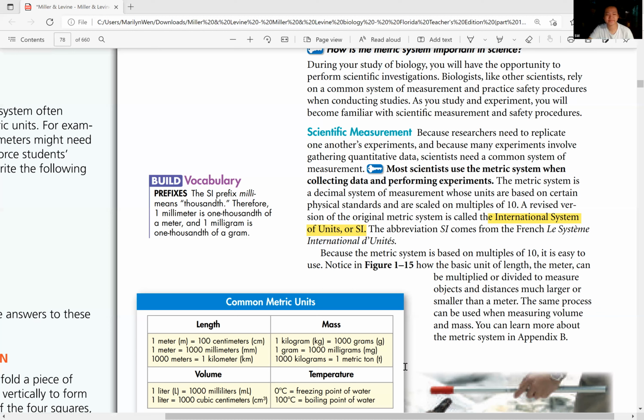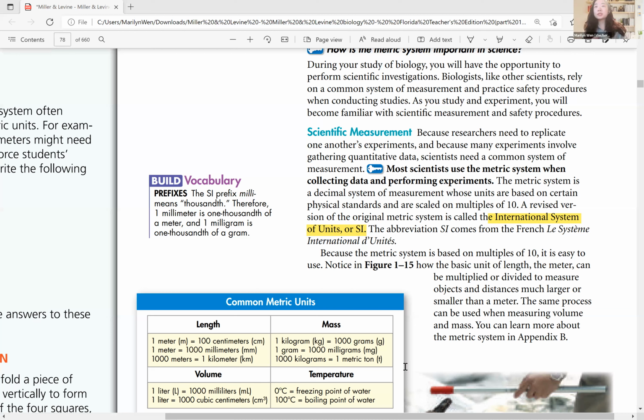I finished. Okay, so I think you have a general understanding of it already. Basically the system that we usually use is the metric system. The system that the US usually uses is the imperial system of measurement.